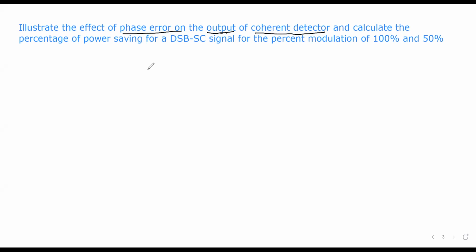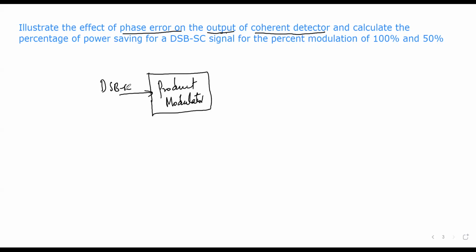So for DSB-SC demodulation, we have a product modulator, for which the input will be the double sideband suppressed carrier. Let us assume this as s of t, which is given as x of t cos omega ct, and the locally generated carrier.